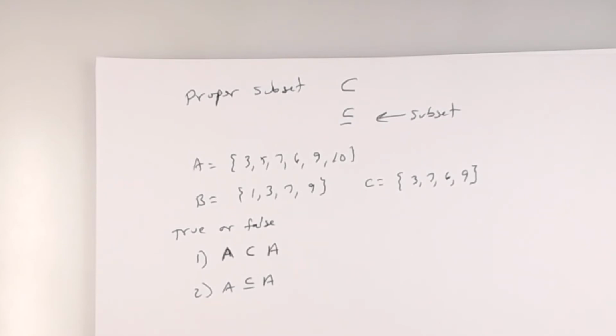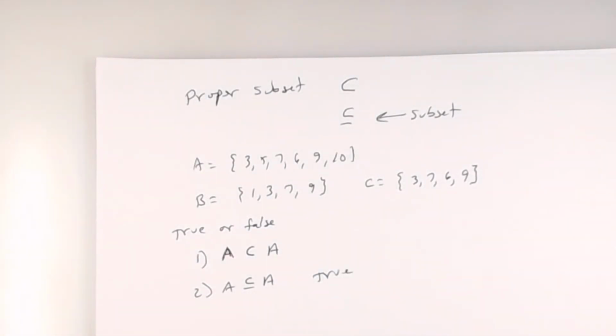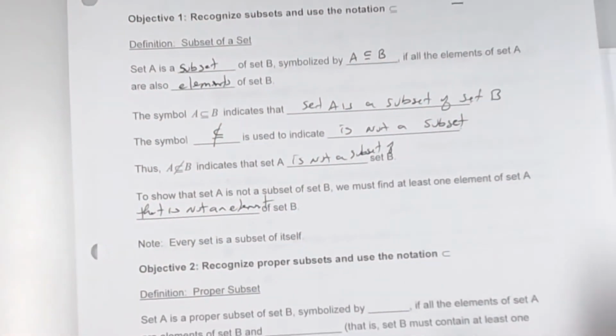Let's talk about number one then. Number one says that A is a proper subset of A. So let's talk about the word proper. Go to these notes.